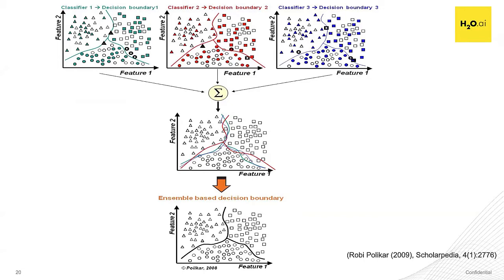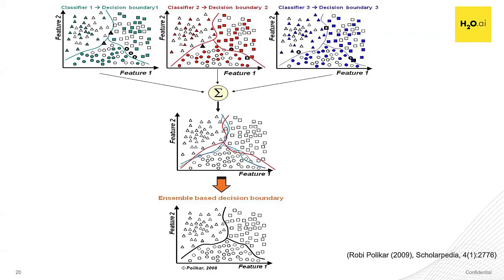The idea is to create a boundary which can separate all these three data points as well as possible. But for the green classifier, you see there have been some triangles which have been misclassified. Again, there have been some circles which are going into the square boundary.